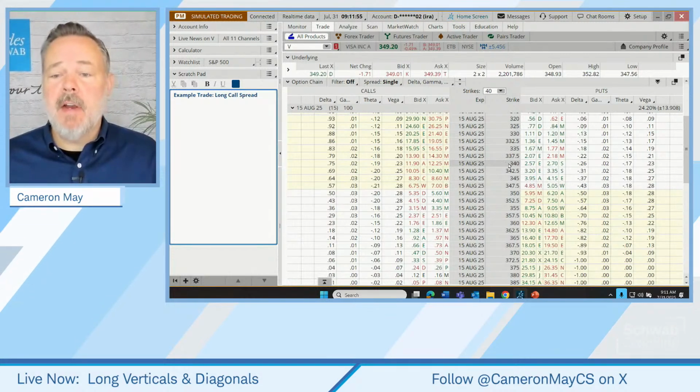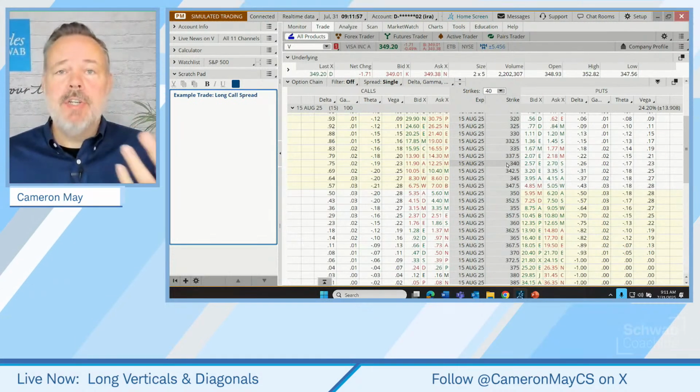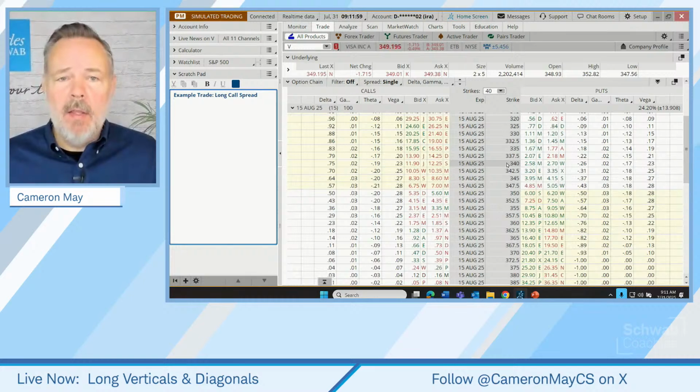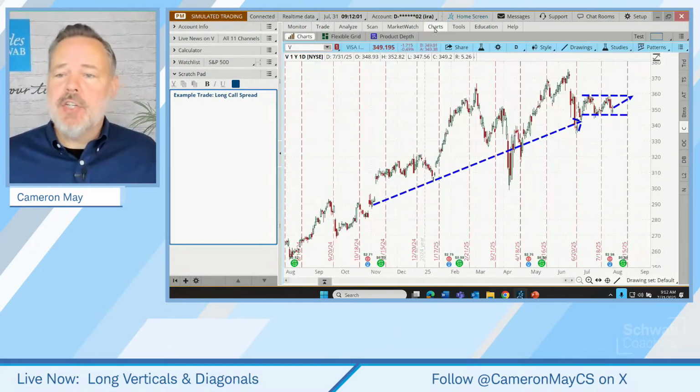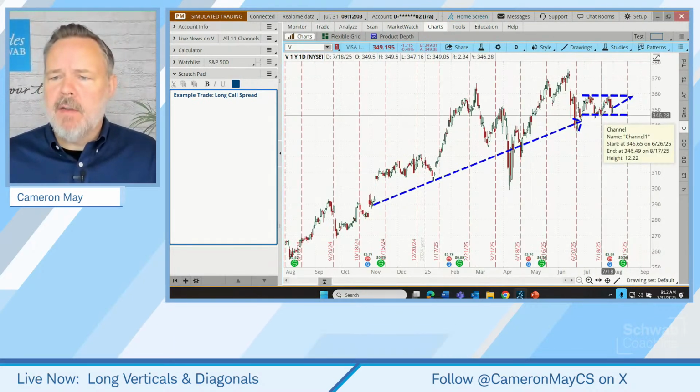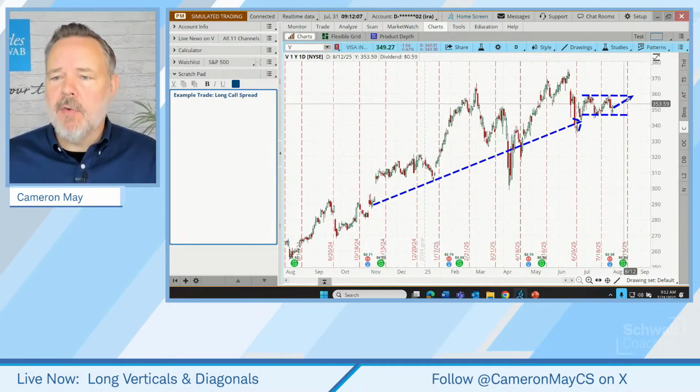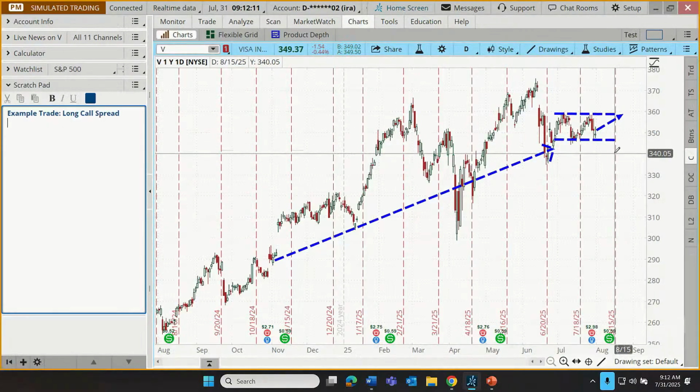But conceptually, it starts with a bullish long call. We're going to buy a call. So if we tie that to our chart, let's say that our trader thinks that we've found support down here about 345, and we're likely to start to rise. So what if we were to buy, let's say, a 340 call?